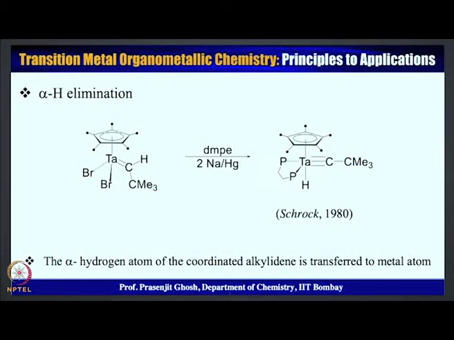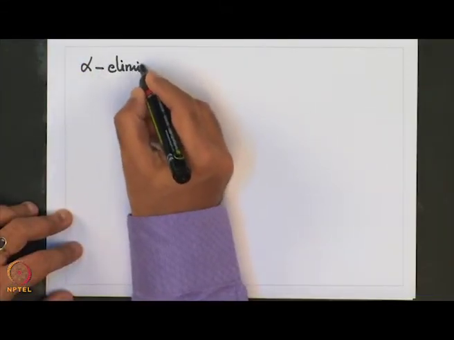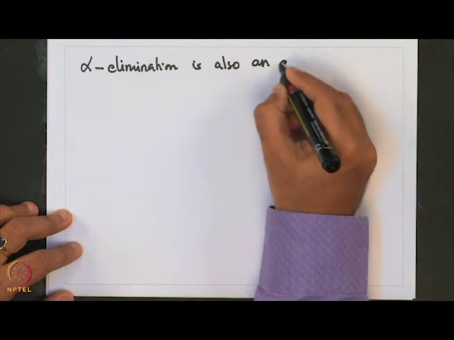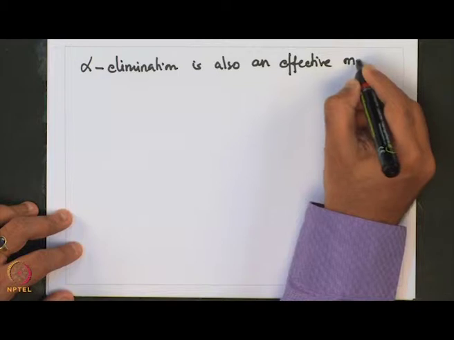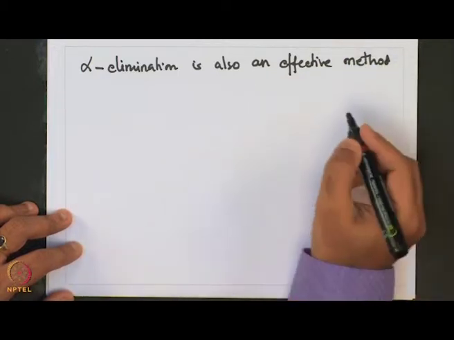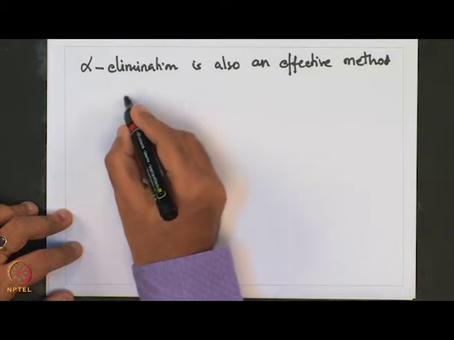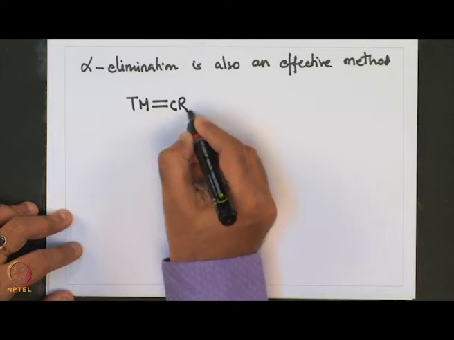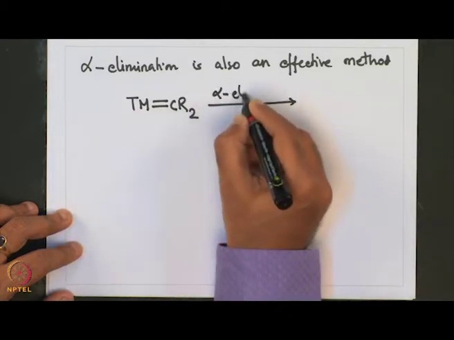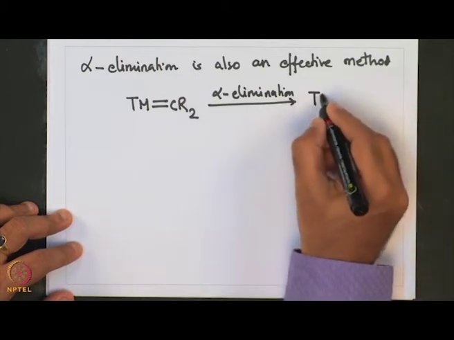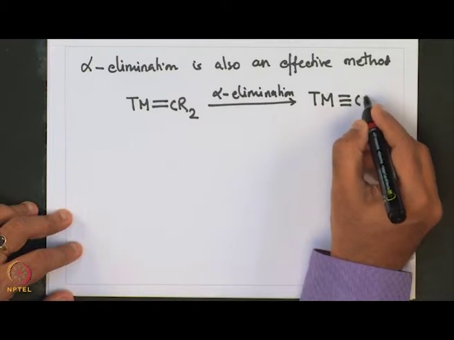Similar to alpha deprotonation, alpha elimination also is an effective method for producing carbyne complexes, and here too we see that this method is applied to carbene complexes to get what is called transition metal carbyne complexes.